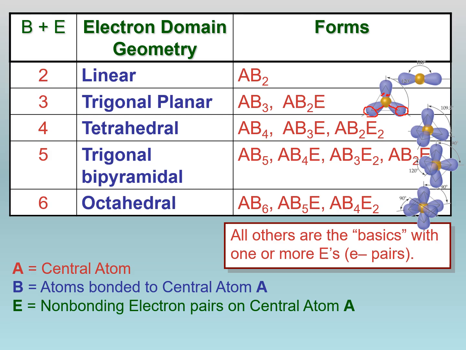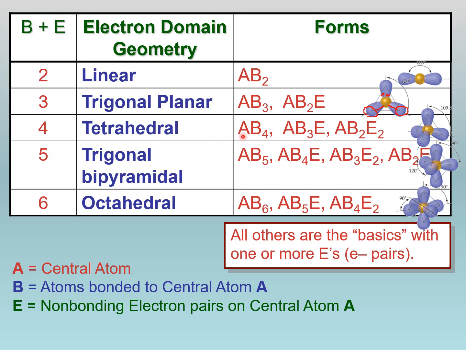They count as one of those legs, so 1, 2, 3 domains. There's still 3 domains. It's just that this one up at the top does not have an atom attached to it, but it's still counted as a domain.